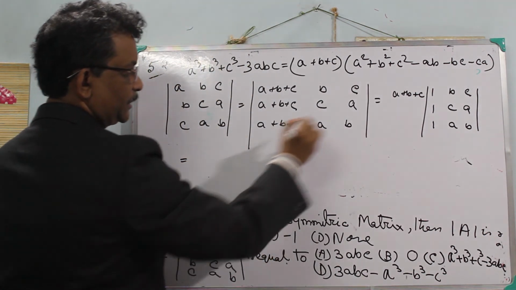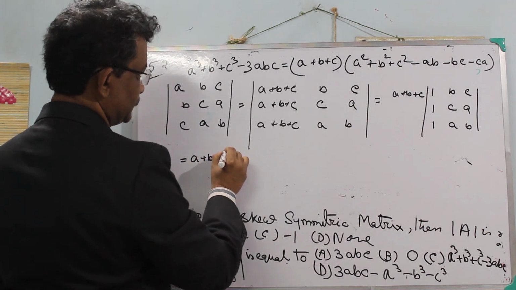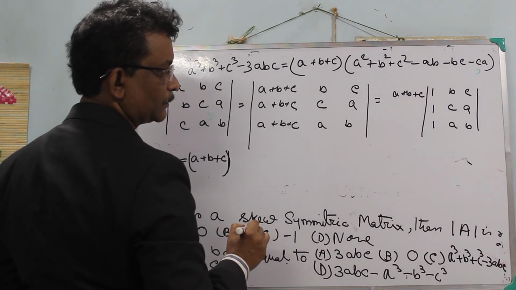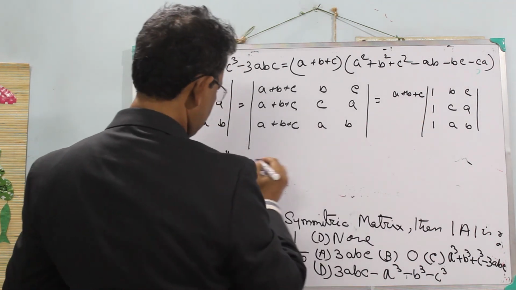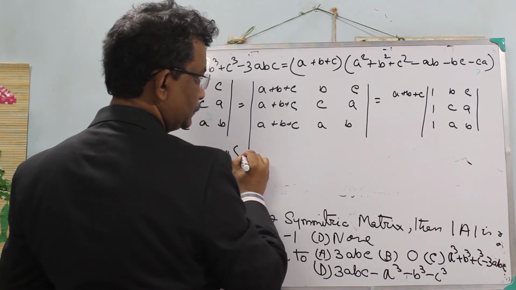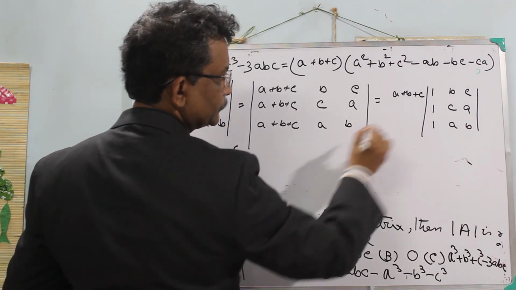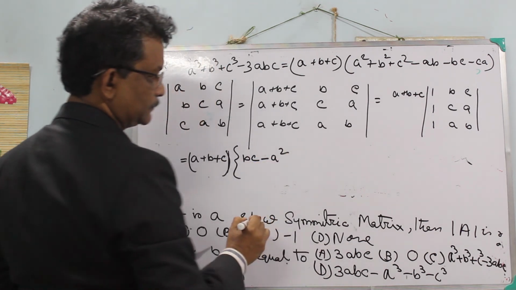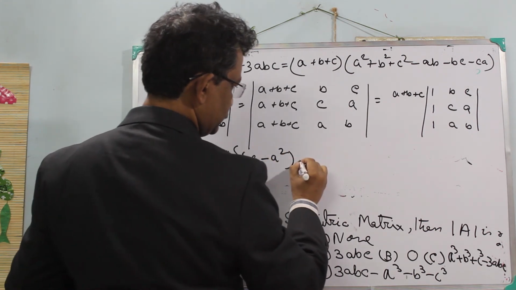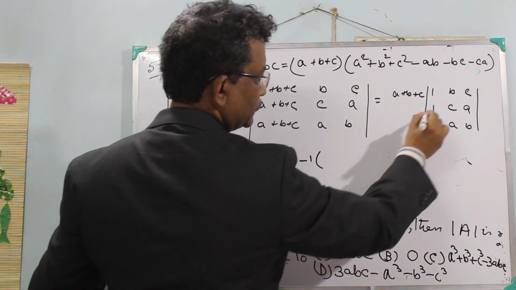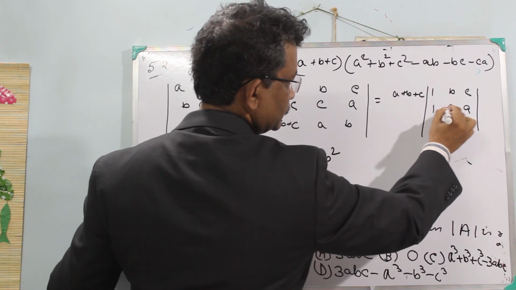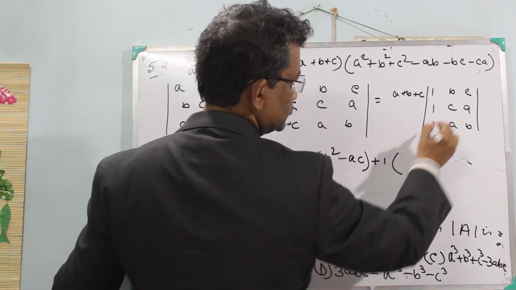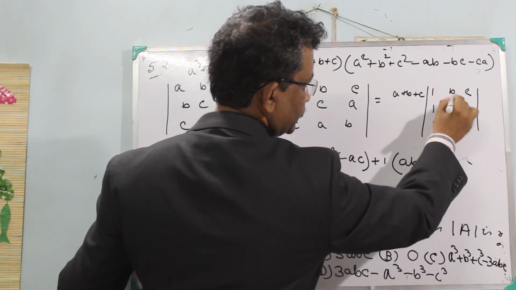Now I am interested in calculating its value. A plus B plus C, so this equals 1 into (BC minus A square), then minus 1 into (B square minus AC), then plus 1 into (AB minus C square).